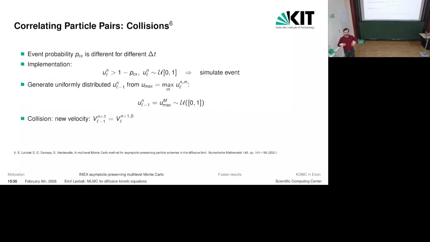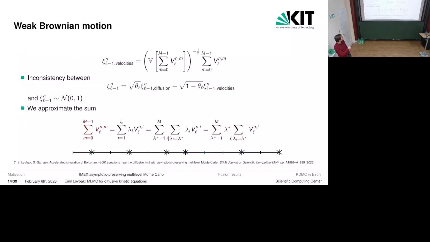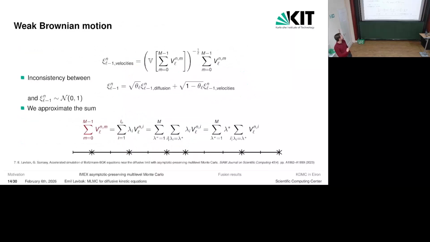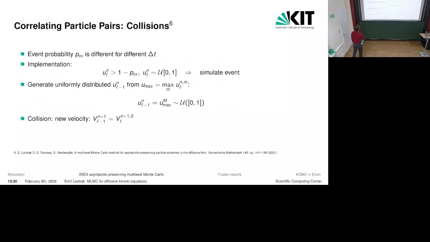Now, let's take a step back and look at, just to make sure we're all on the same page, this orange arrow here. So we've done this. The idea is, at the end of this coarse time interval, so m fine steps or a single coarse step, we want the velocities to be aligned, to make sure the particles are correlated.